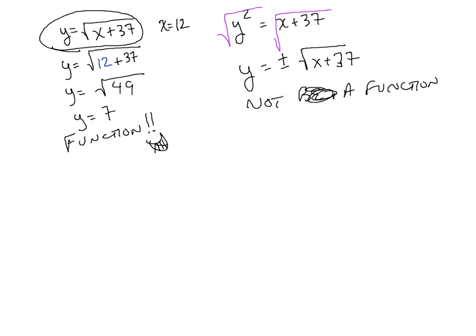Okay. Since that was a pretty quick one, do you want to look at another one? Because you're going to get one value out for any x you put in. Okay. So you can plug anything into x, right?